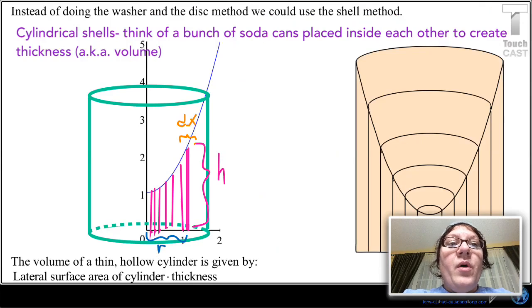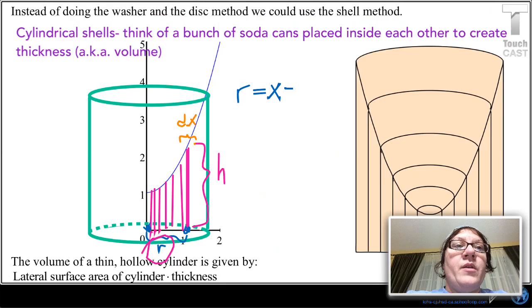Now, the particular one that I drew to start with has a radius. To figure out that radius, I would do right minus left. The right is some x value, I don't know which, because for each cylinder it's a different x value, but the left is always 0.